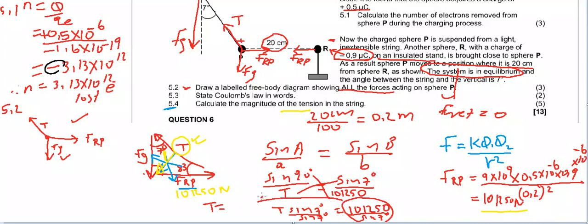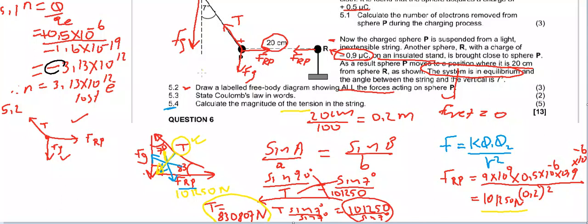Now let's press calculator. 10,1250 divided by sine 7 is equal to, the answer here is 83,0807 newtons. That is the force we're looking for. So that is the tension.